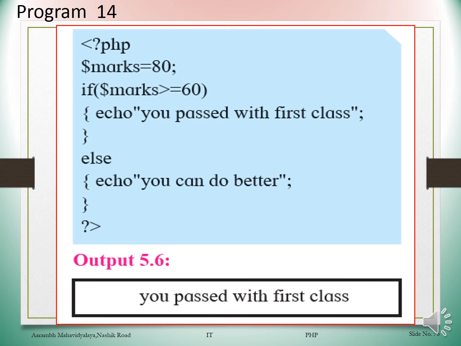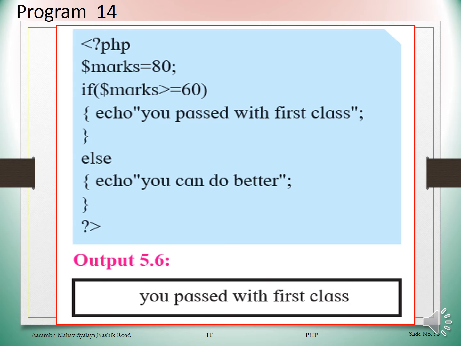If 80 is greater than or equal to 60, our currently provided value, it will check 80 with 60, then it will open the if bracket, then it will display the message echo you passed with first class, and then it will end this bracket. And if this condition does not match, then it will go for the else part, and it will display the message echo you can do better.